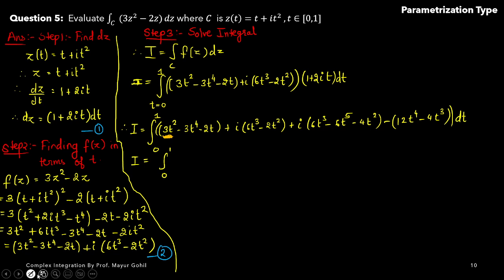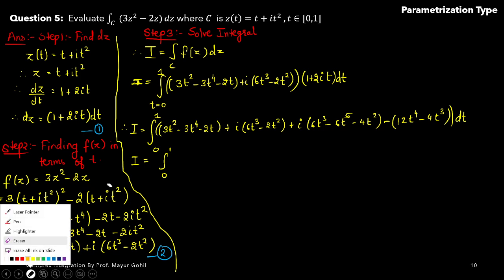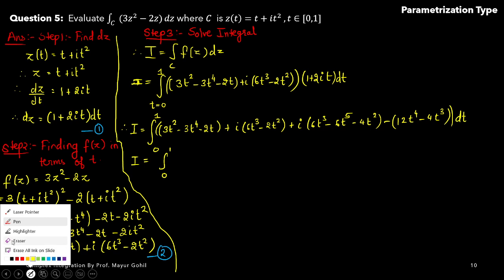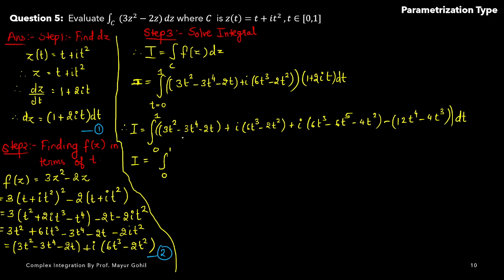Okay, let it be, that's not an issue, so we'll just go with minus 3t raised to 4 and minus 12t raised to 4, that will give me minus of 15t raised to 4, so that will simplify a bit further. So I have first term here as 3t square as it is, minus of 15t raised to 4, that is good.